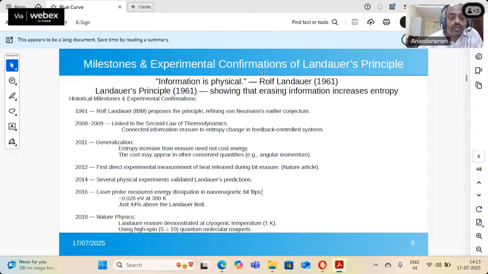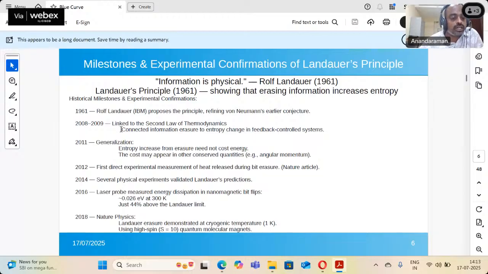So these are some of the milestones of experiments. In 1961, Landauer proposed this principle, refining von Neumann's earlier conjecture. Then in 2008 to 2009, it was linked to the second law of thermodynamics, connecting information erasure to entropy and feedback control mechanisms.